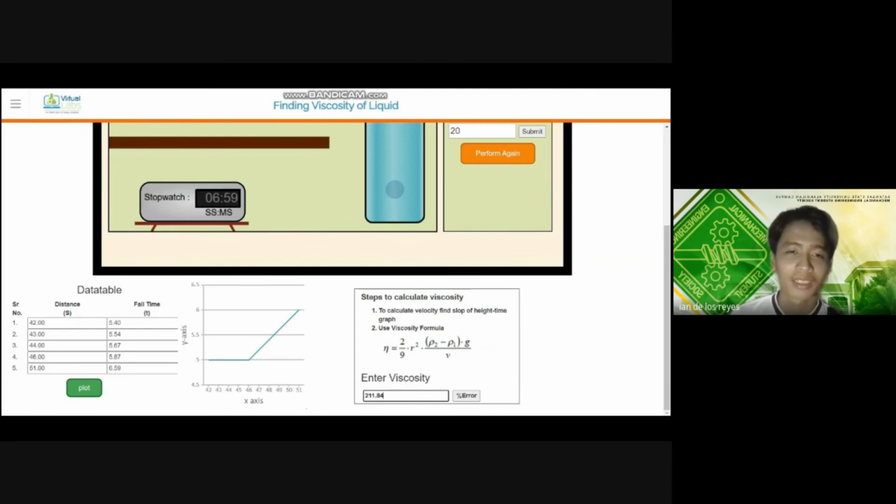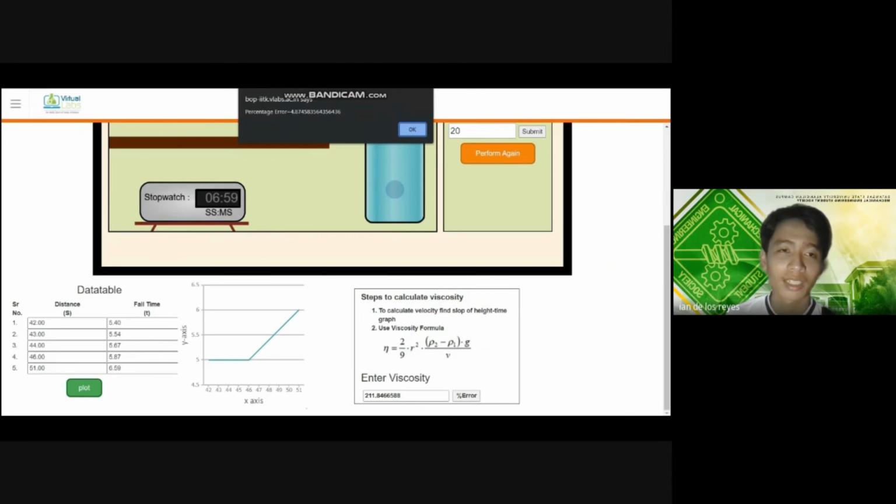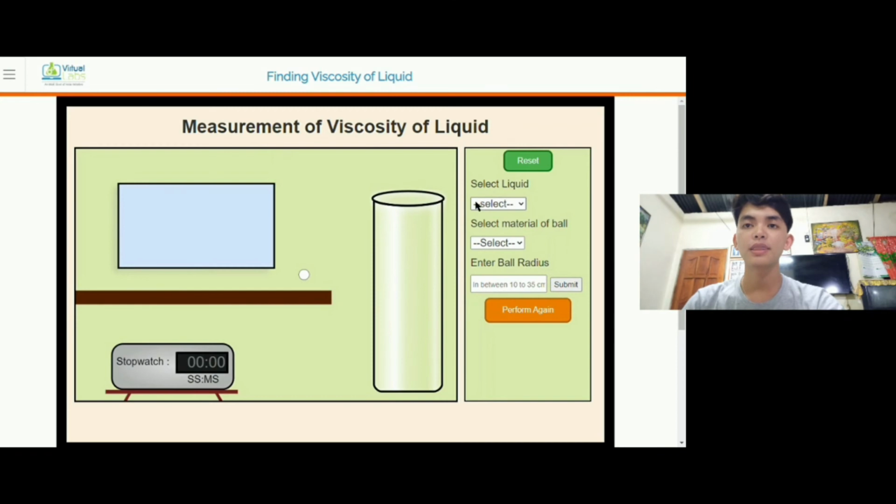To calculate the viscosity, we use the formula on the screen and we obtained a value of 211.8466588, and the error is 4.87458356435646.